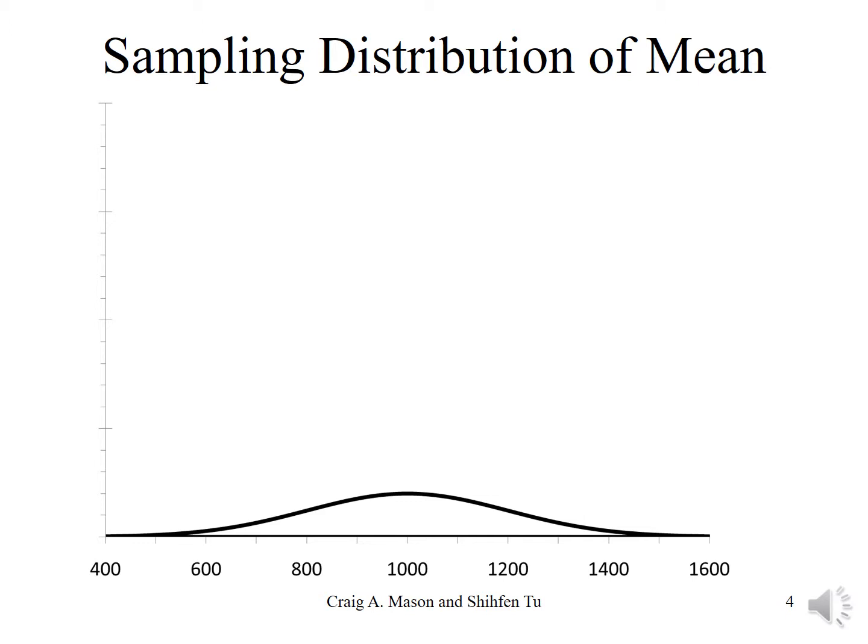This black curve reflects a normal distribution with a standard deviation of 200 and a mean of 1,000. Thinking back to our normal curve video, just under 32% of the scores, or 32% of the individual students, are below 800 or above 1,200.